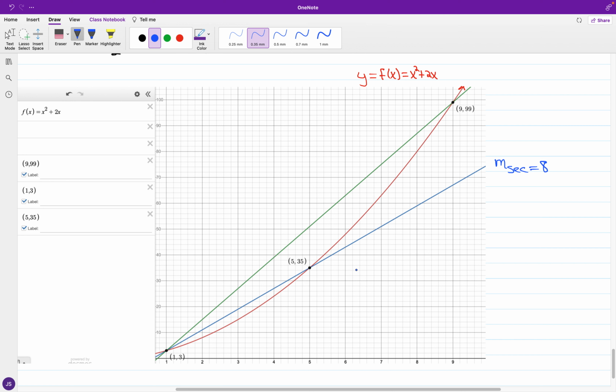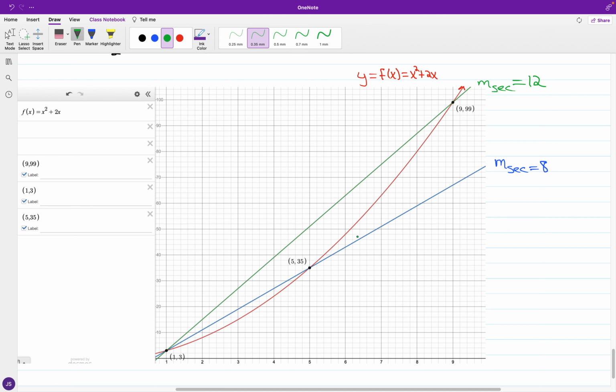So the slope of this line is 8 units. Whereas if I branch out further to x is equal to 9, the two points of intersection are (1, 3) and this time (9, 99). And the slope of this particular secant line, again, is going to be 12.